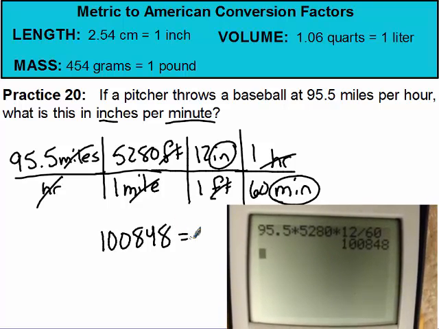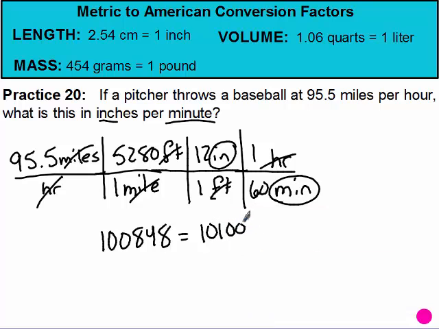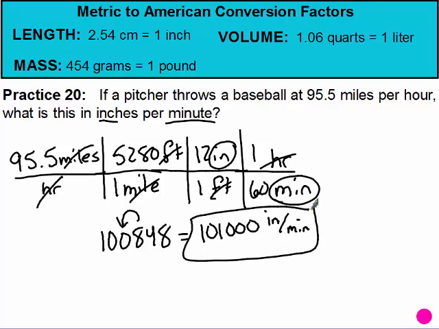We want 3 significant figures. Which is 101,000 inches per minute. Or 1.01 times 10 to the 5th inches per minute.